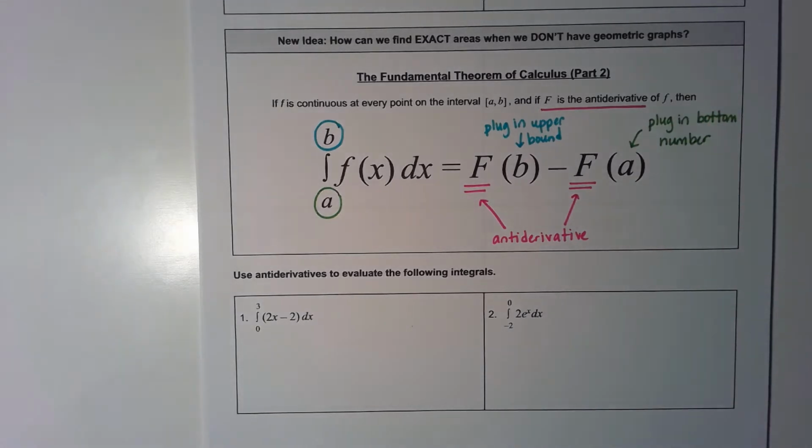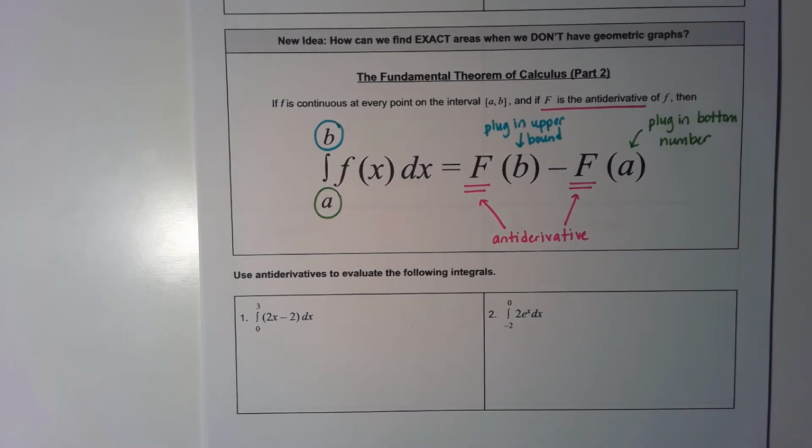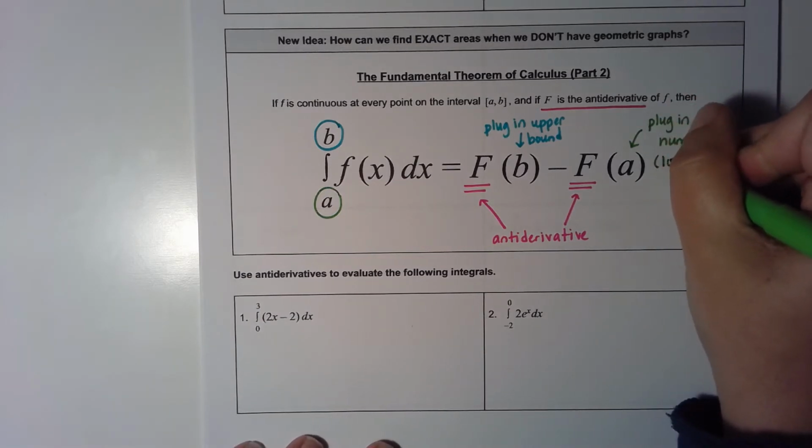So you're going to find the antiderivative to find these areas of graphs that we couldn't find areas for before. You're going to find the antiderivative, and then you're going to plug in the top number, and you're going to plug in the bottom number, and you're going to subtract. And you always plug in the upper bound first, and you always plug in the lower bound second.